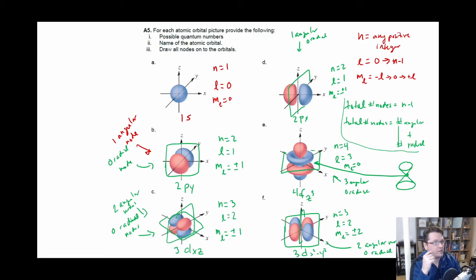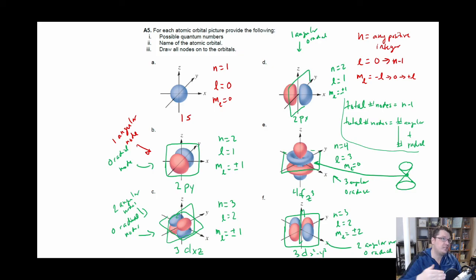And so that's the approach that you should take to any of these types of problems where it asks you to identify the type of orbital, to identify the different quantum numbers associated with that orbital, and identify the nodes. Look at whether you are seeing color changes, if it's one of the orbital drawings that has those color changes, and see where the nodes are located.